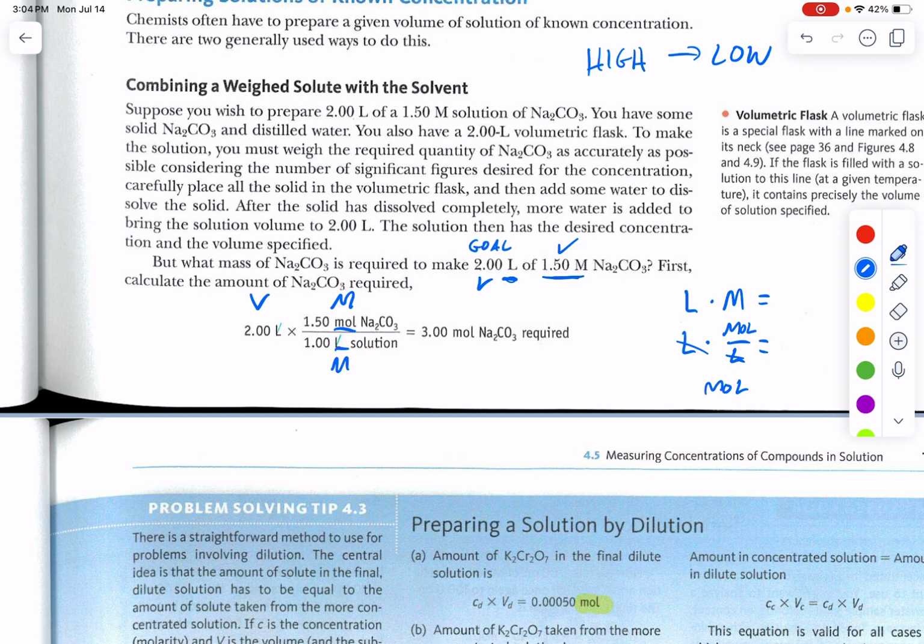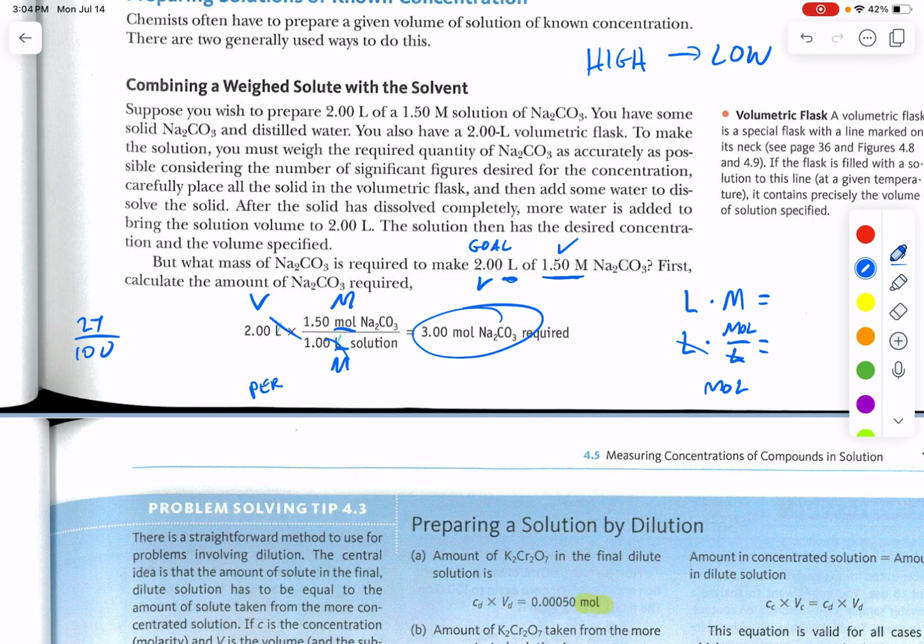Per, of course, P-E-R, means put it in the denominator. If we're talking about finding the percent, you're going to put 100 in the denominator, and if it's 27%, 27 goes in the numerator. So notice that my liters cancel out. Moles is the only unit that is left, and I'm going to need 3 moles of sodium carbonate.